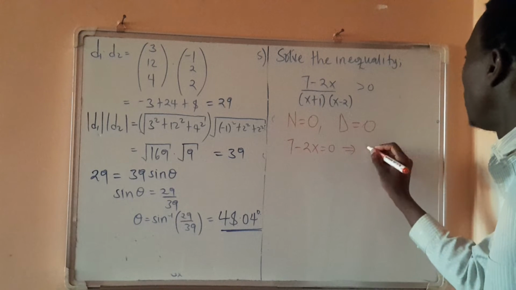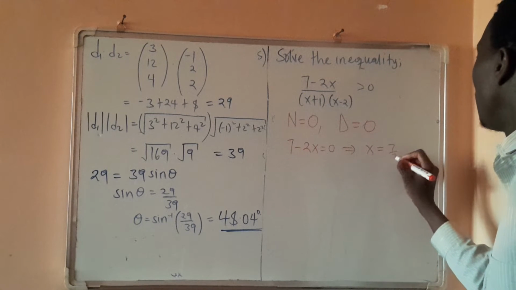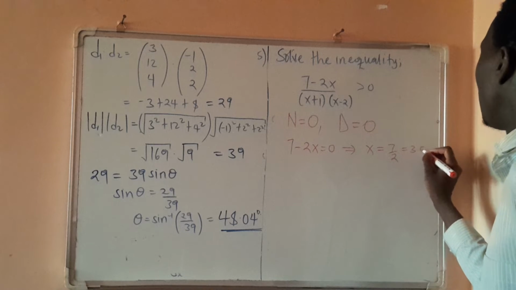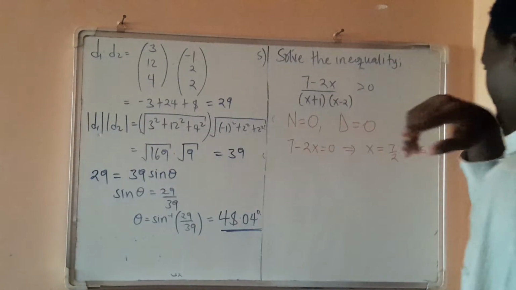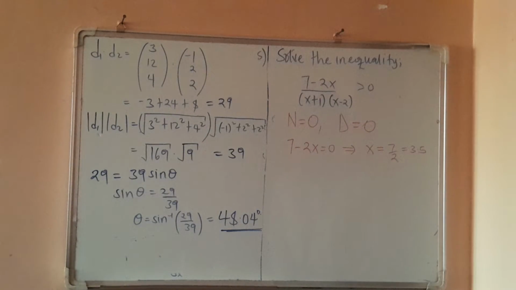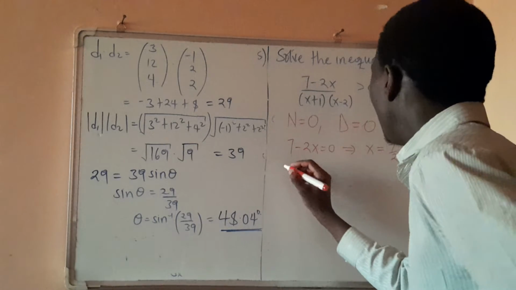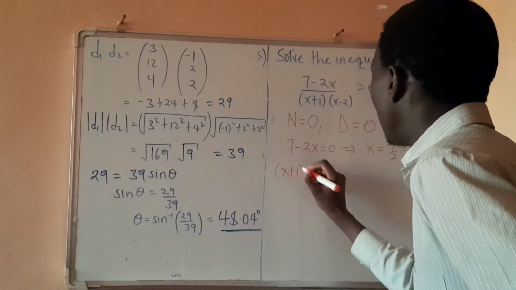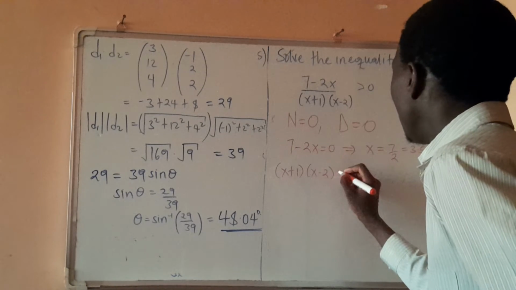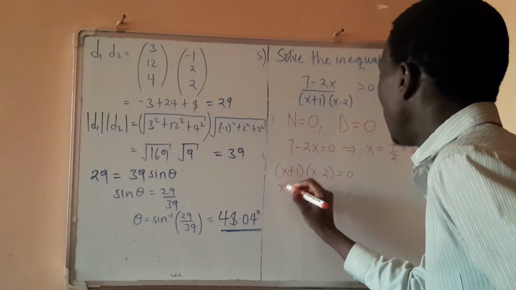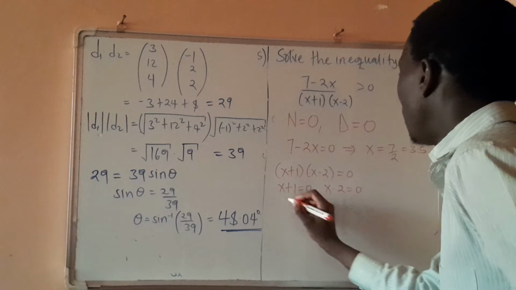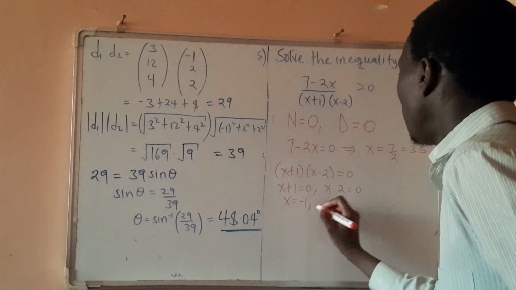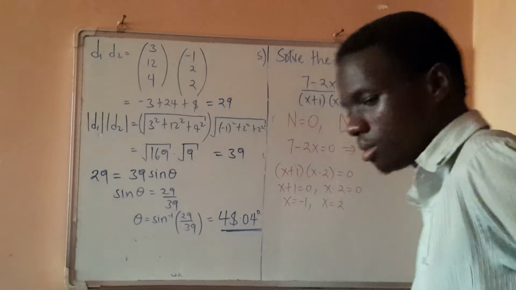So we obtain x equals 7 over 2, which is 3.5. Then the denominator, we have (x plus 1)(x minus 2) equals 0. So x plus 1 equals 0, x minus 2 equals 0. So x equals -1, x equals 2.